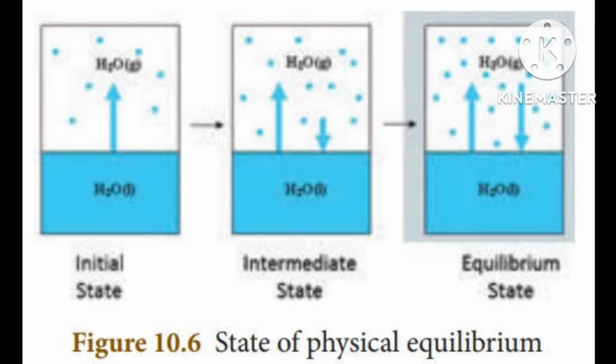If the above experiment is repeated with methyl alcohol, acetone and ether, then what will happen? It is observed that different liquids have different equilibrium vapor pressure at the same temperature.